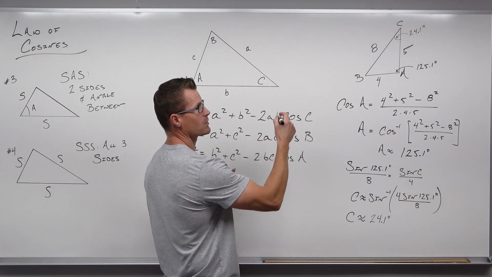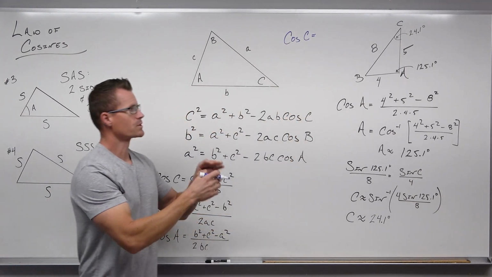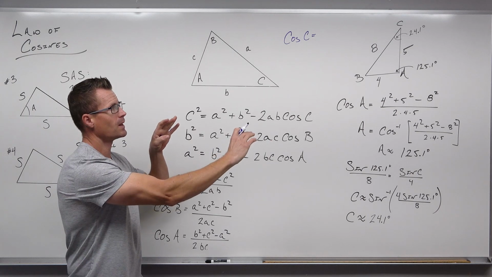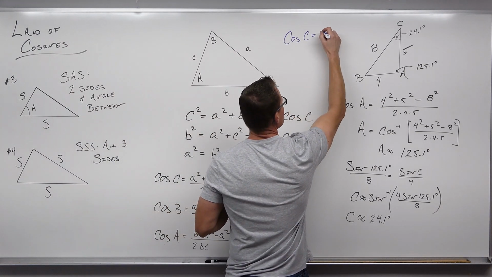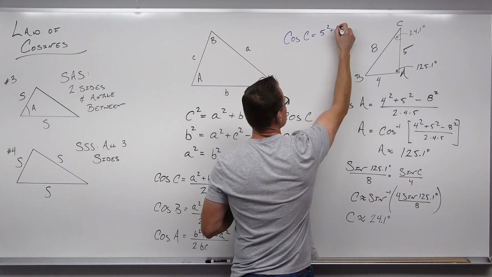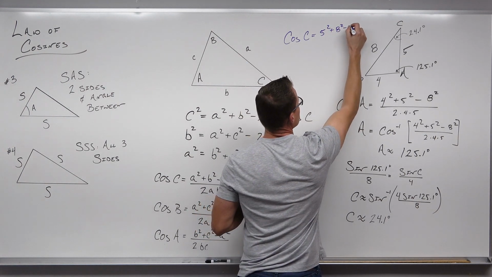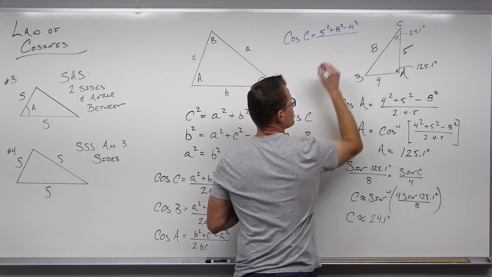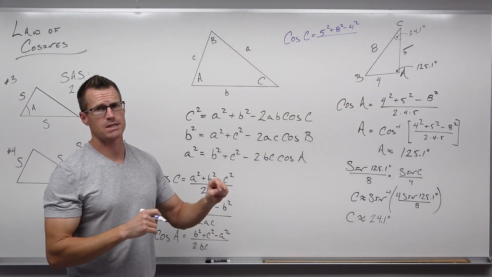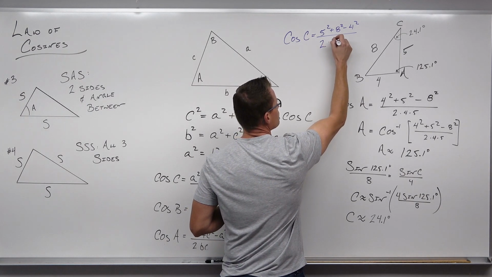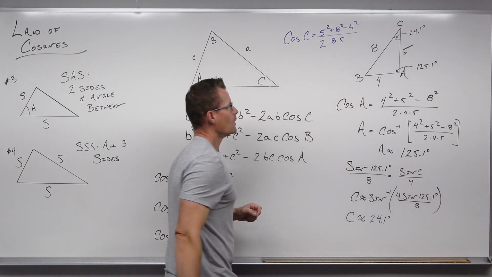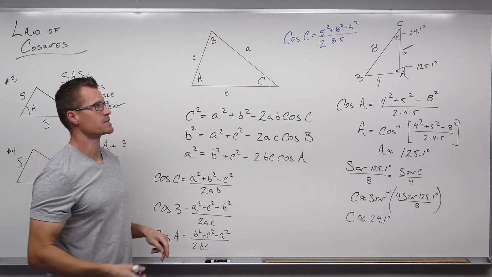So cosine of angle C equals: take the squares of the adjacent sides, the sides next to that, square them, subtract the side opposite it squared, over 2 times the product of the adjacent sides.